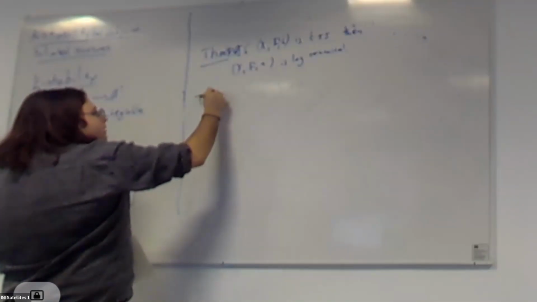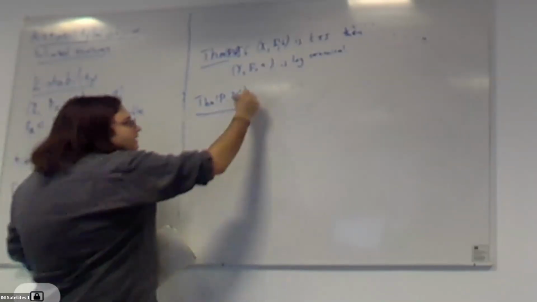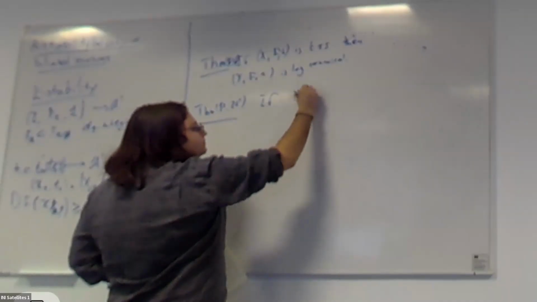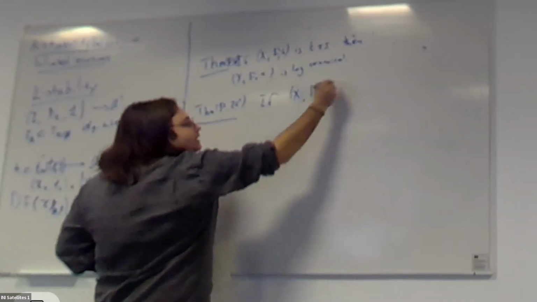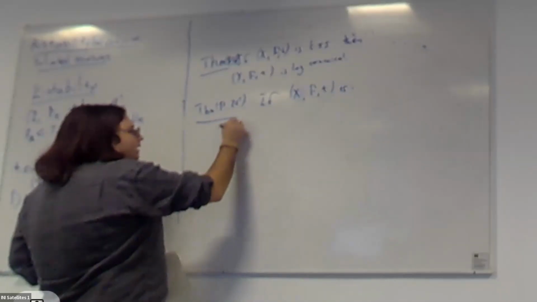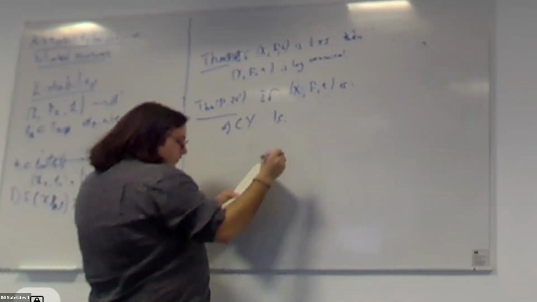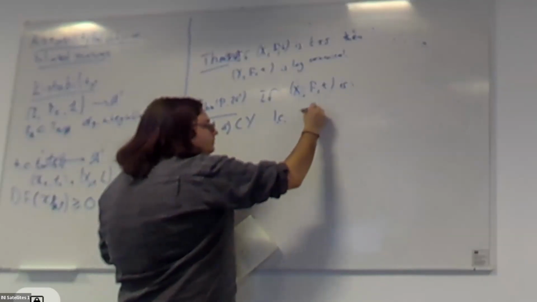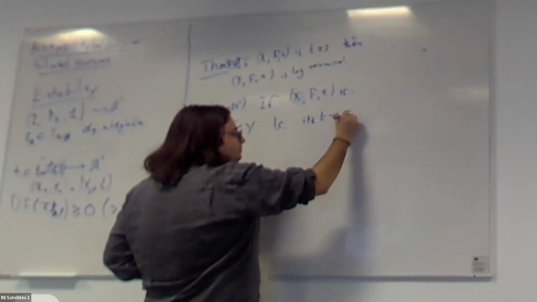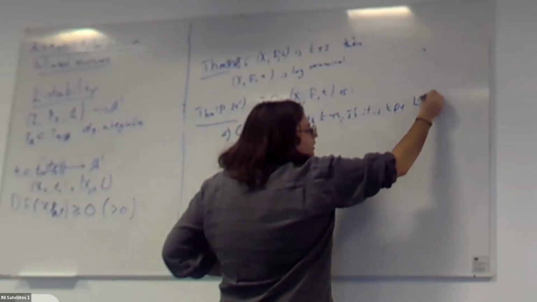And the second one, which is even stronger, is that if this is Calabi-Yau, so let me write it this way. If (X, F, T) is Calabi-Yau log canonical, it is K-semistable. And if it is KLT, it is K-stable.